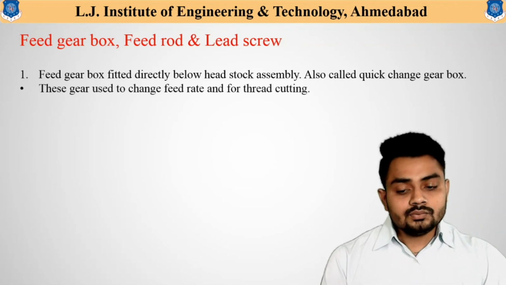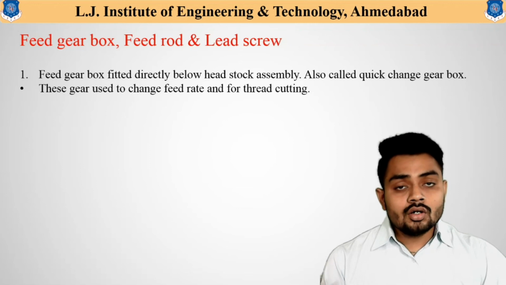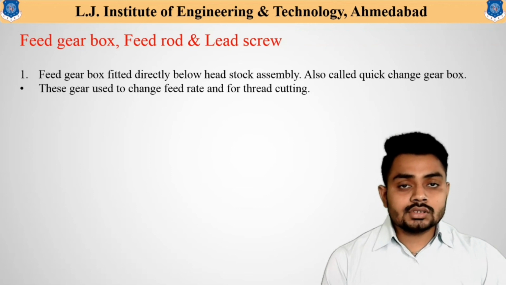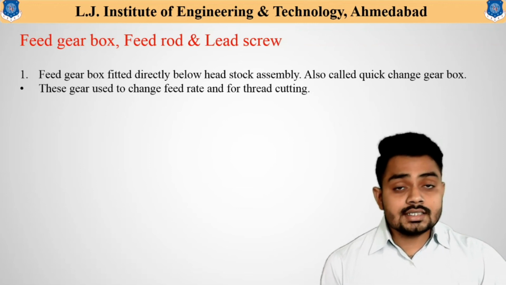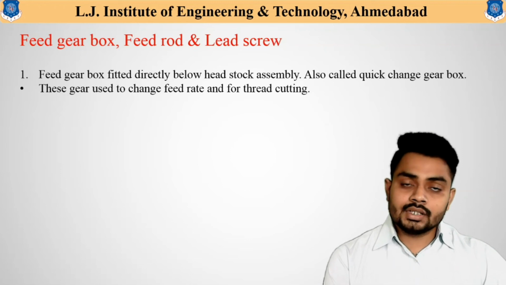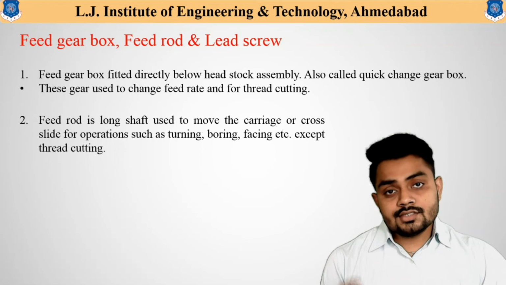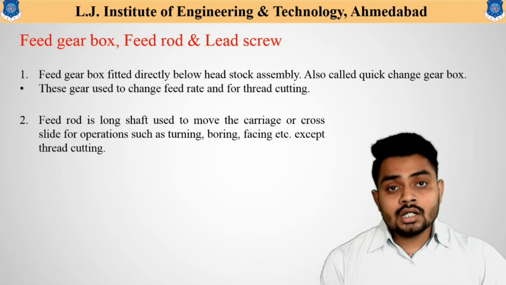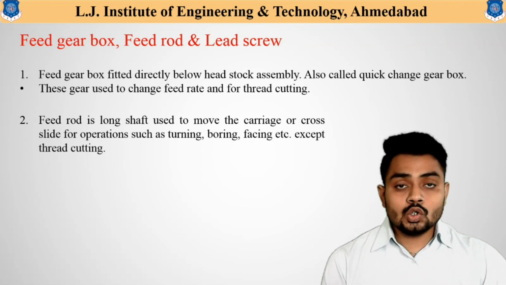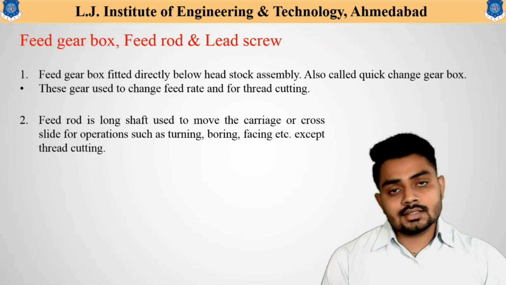The main operation of this feed gearbox is to provide the variation in speed during the thread cutting operation. Now the next one is the feed rod, which is a long shaft useful to provide automated movement, or transfer the movement, to the tool using the carriage cross slide section.